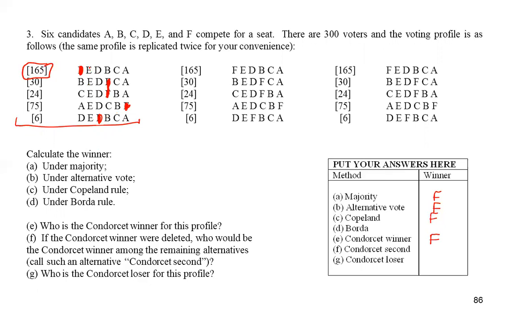It is our alternative E. And our Condorcet loser is also quite clear if we take a look at this voting profile. Only 75 voters actually like A very much, but the remaining 225 voters put A at the last place in their preferences. So A is the Condorcet loser.